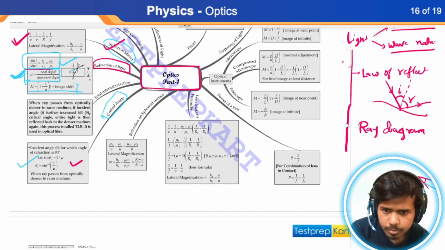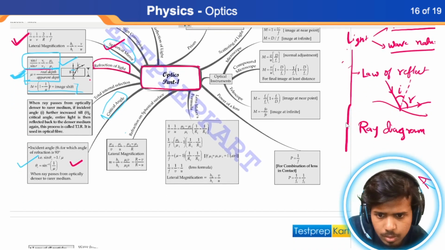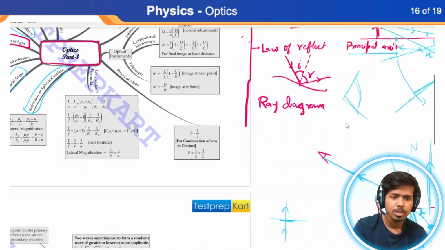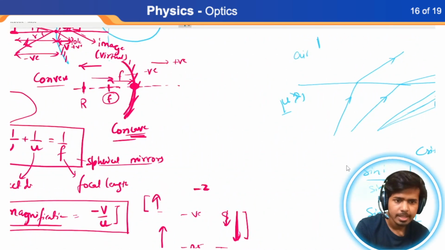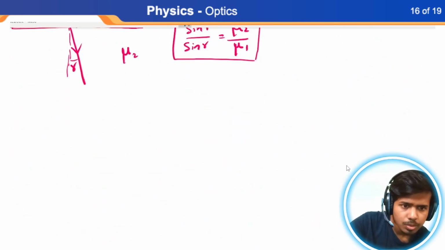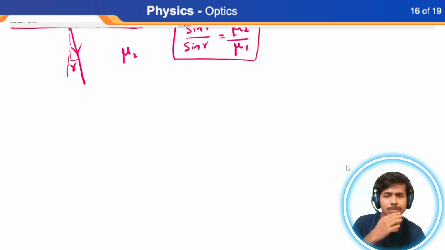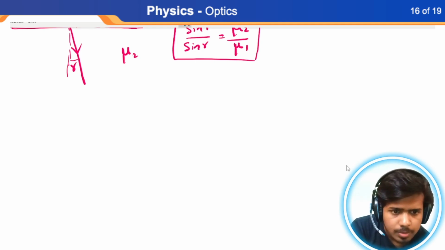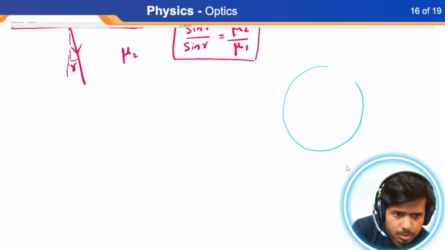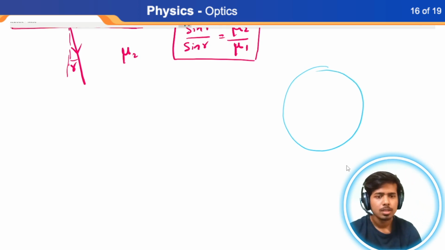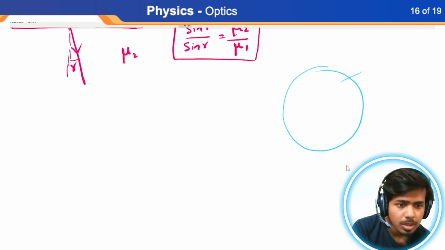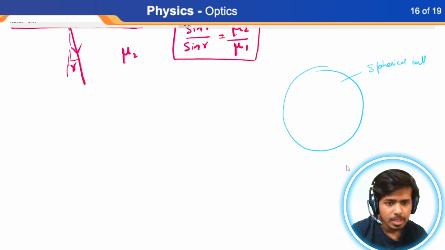Now, spherical surfaces, refraction. So basically it is talking about, let's say you have two surfaces, or this is a sphere, sorry, a spherical ball, not a spherical shell, it is a spherical ball.